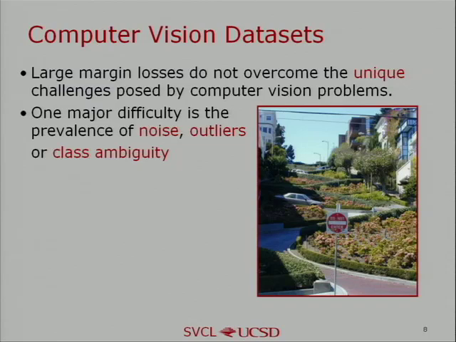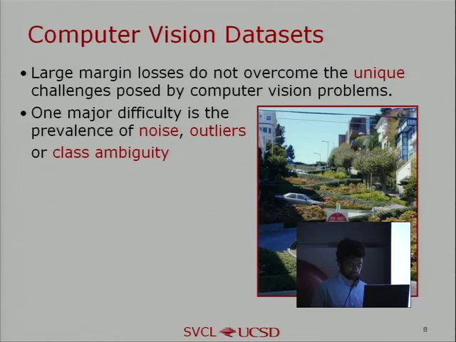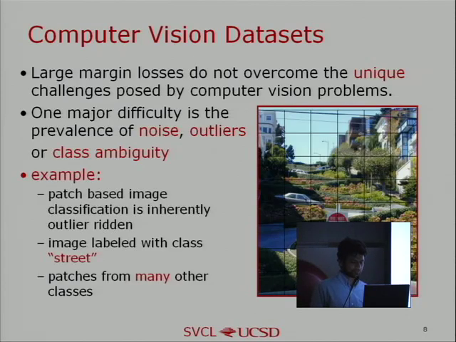And one major difficulty is the prevalence of noise and outliers or class ambiguity that exists in computer vision data sets. So here, for example, we have an image of a famous street in San Francisco, and this is clearly an image of a street. But if we were to do patch-based image classification on this, we would get many patches that include trees and cars and buildings, even though this is supposed to be classified as an image of a street.